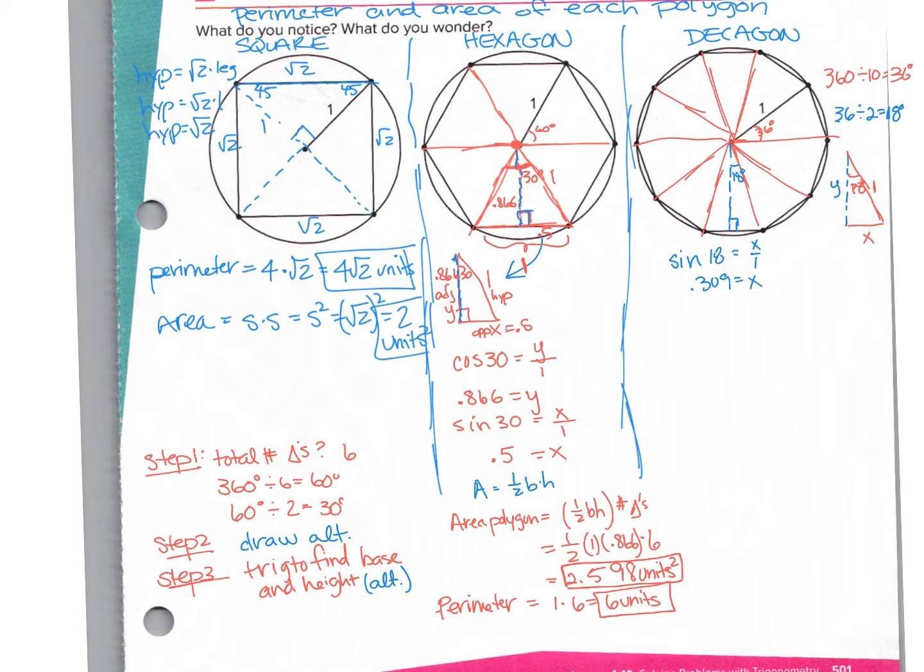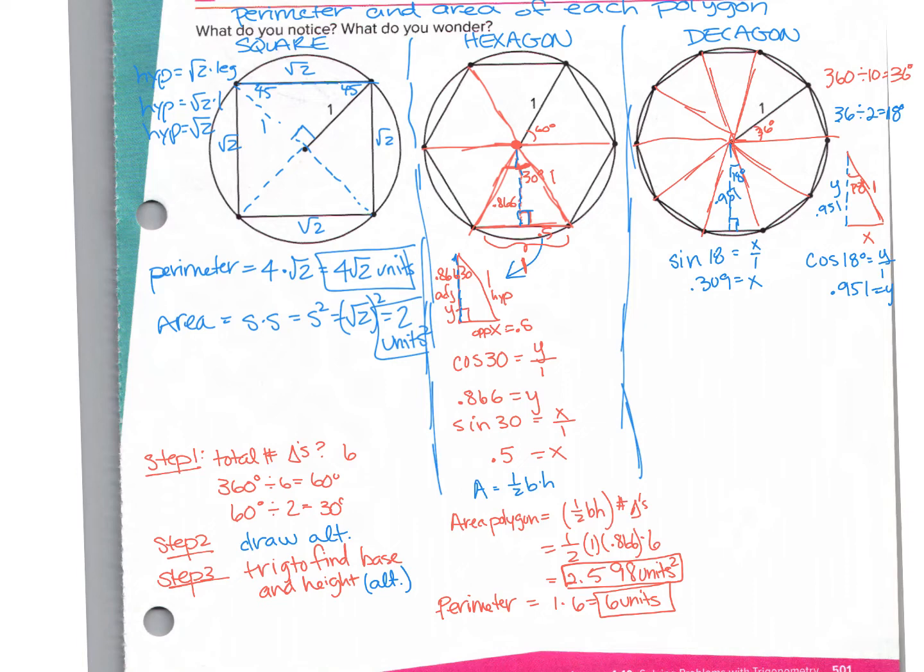I'm going to use cosine to find my y. So cosine of this 18 degrees is y over 1. Multiply your 1 over and calculate it. And cosine of 18 is 0.951. So I know this height in here is 0.951. Again, on my drawing, it's this blue height right here.